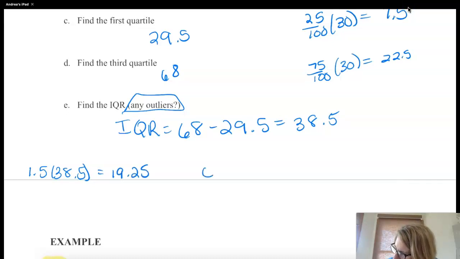And basically we're going to take Q1 minus 57.75 and Q3 plus 57.75.